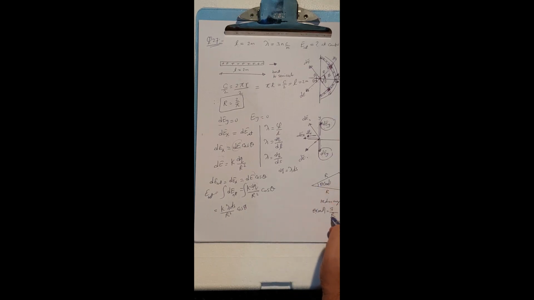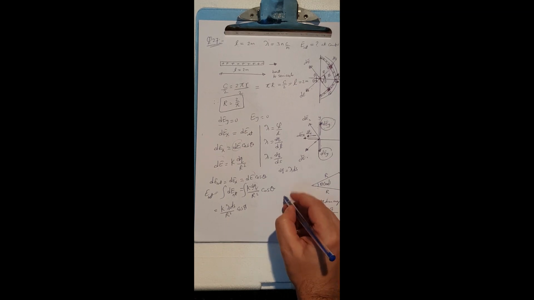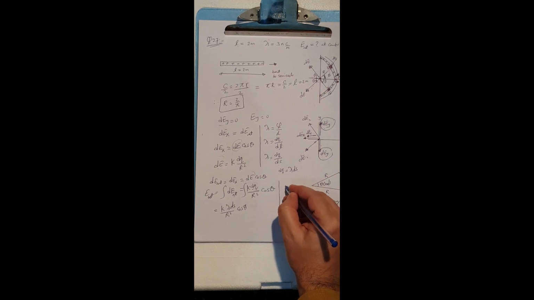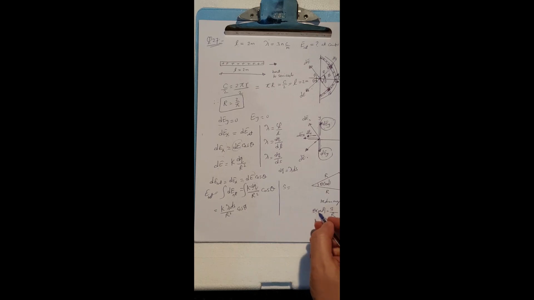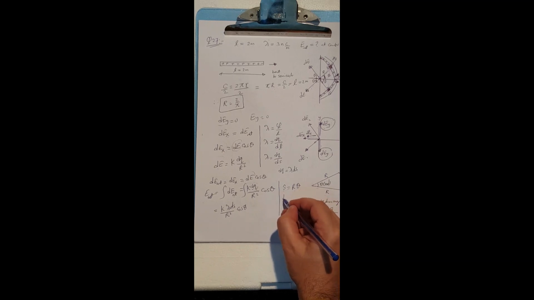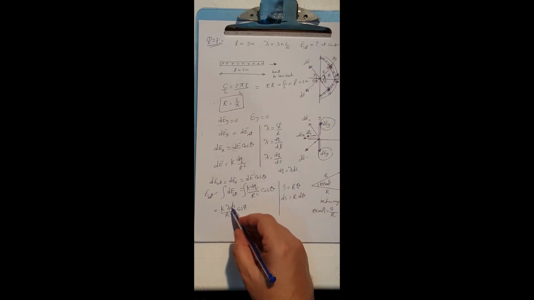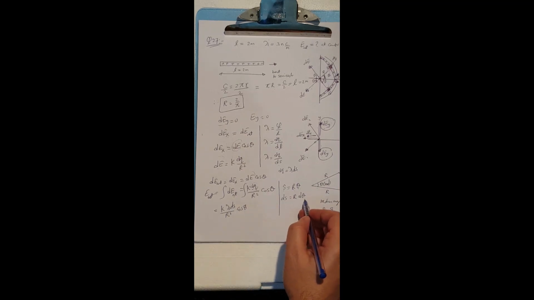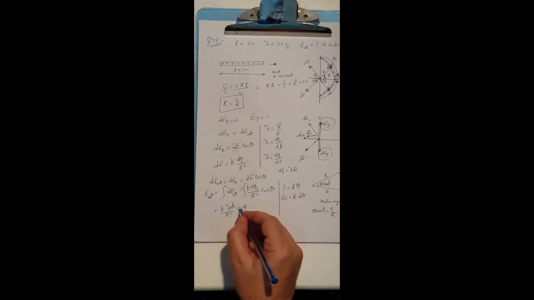So if you take s here, you say s equals r theta. Now when s changes, theta will change. R is constant, so these are the two variables. If we differentiate both sides, you'll have ds equals r, which is constant, times d theta. So I can replace ds with r d theta here.